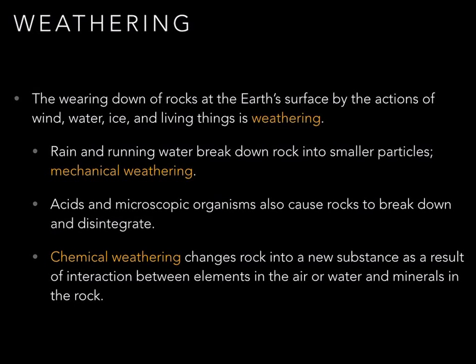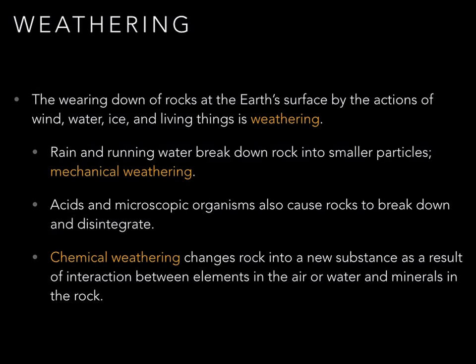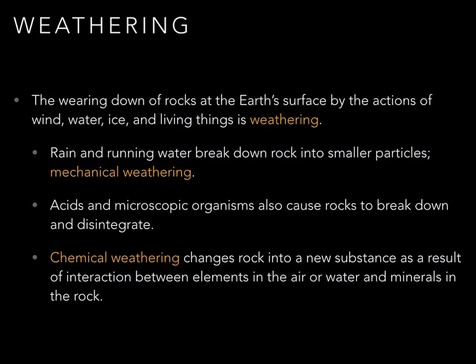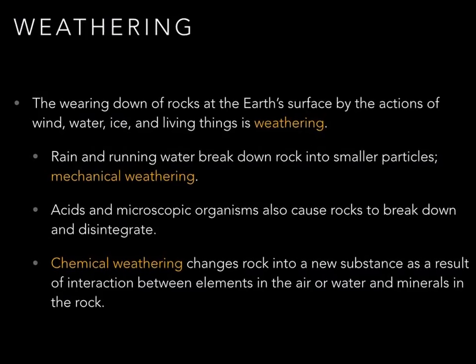When rain and running water break down rock into smaller particles, this is mechanical weathering. Acids and microscopic organisms can also cause rock to break down and disintegrate. Chemical weathering changes rock into a new substance as a result of the interaction between the elements in the air and water and the minerals in the rock itself.